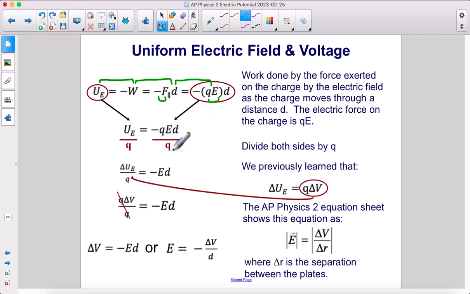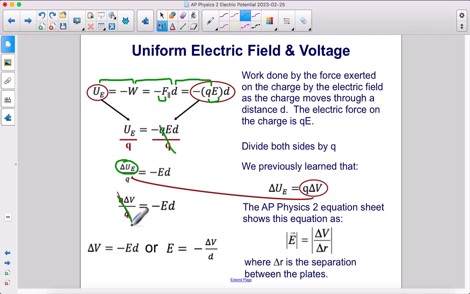Next, let's divide both sides by Q, and we get change in potential energy over Q equals negative Ed. We previously learned that change in potential energy is equal to Q times delta V. So we're going to plug this in here.